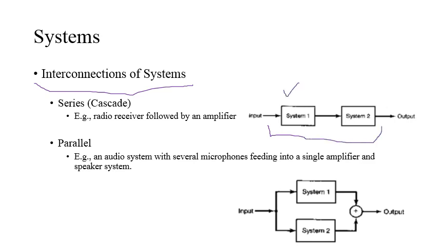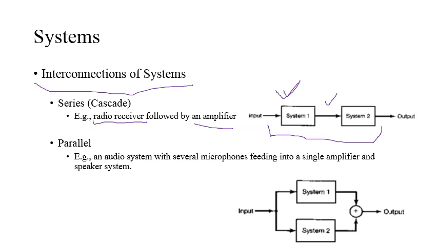The output of the first system goes into the input of the second system, and so on. For example, in a radio receiver, we have receiving circuitry followed by an amplifier. Whatever input is received by the receiver is amplified by the amplifier.